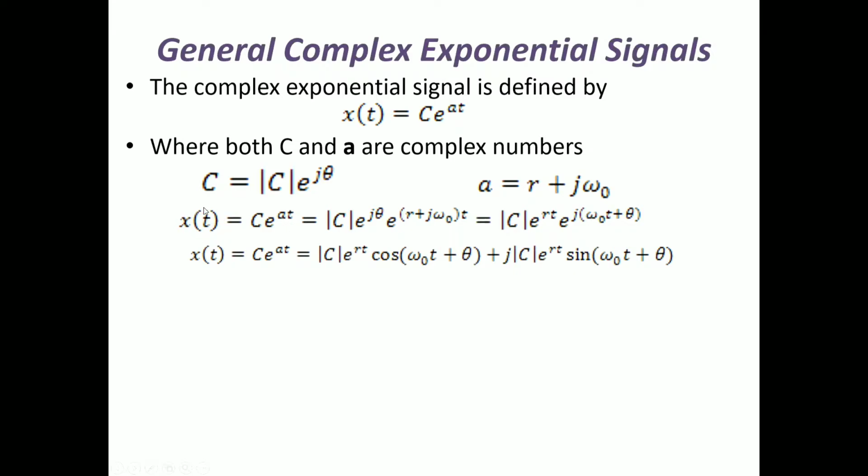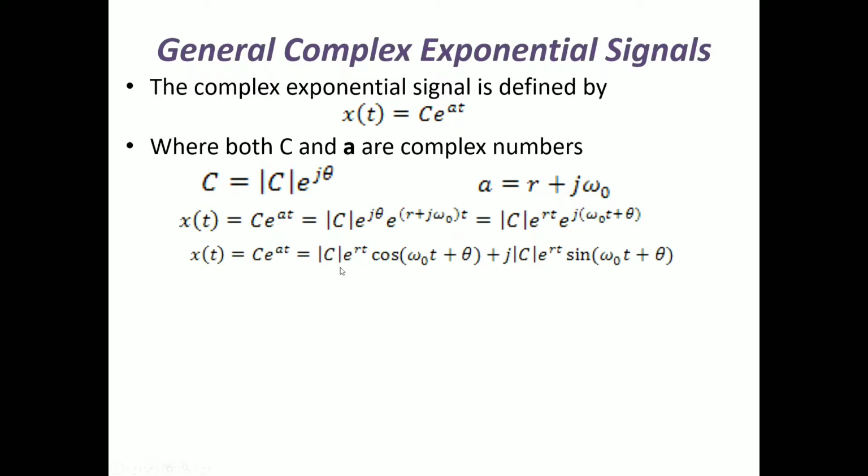So I can write x of t equal to c e power at as modulus of c e power j theta into e power (r plus j omega naught) t. This can be written as modulus of c into e power rt into e power j(omega naught t plus theta). This can further be represented in sinusoidal and cosinusoidal form.